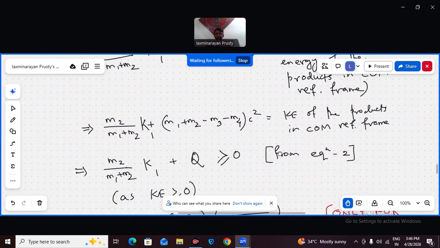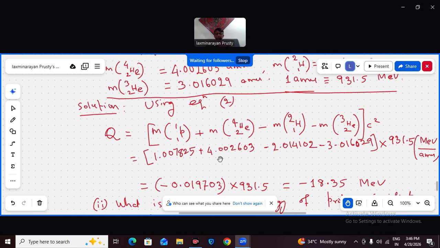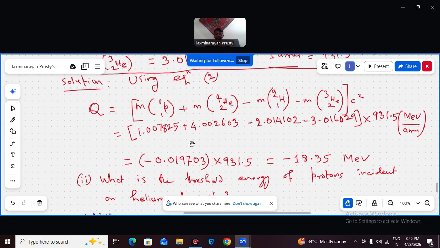What will come? This M1, this M2, this M3, this M4, into C squared. I can write this as AMU into 931.5 MeV by AMU. So in MeV terms you will get the Q value. This difference is negative, minus 0.0019703.